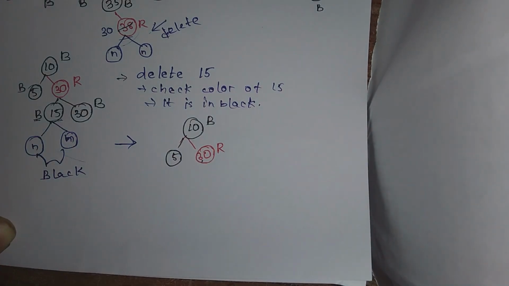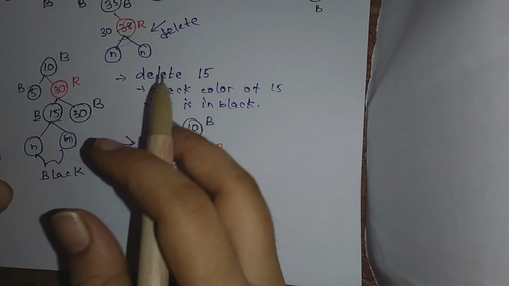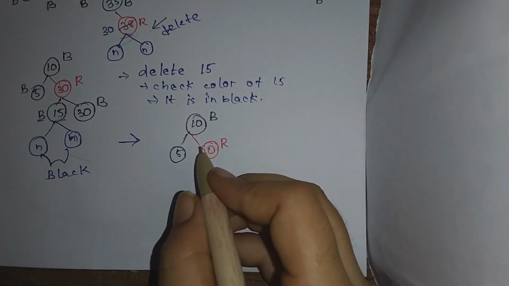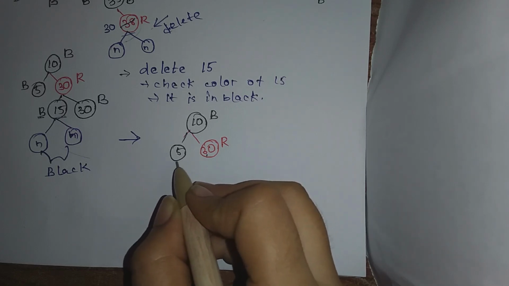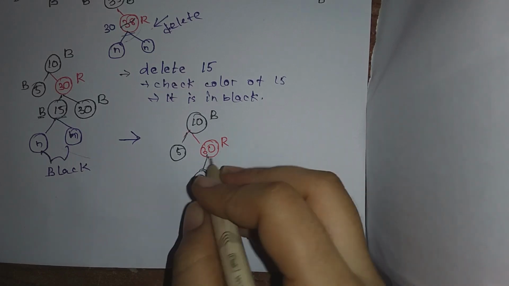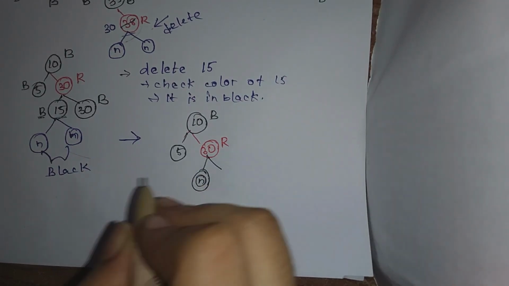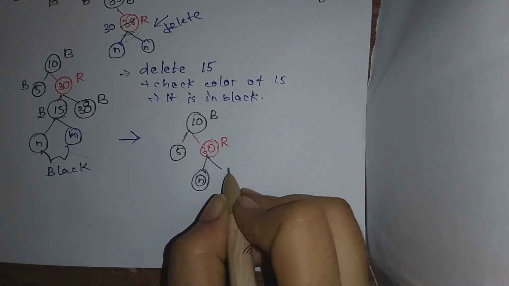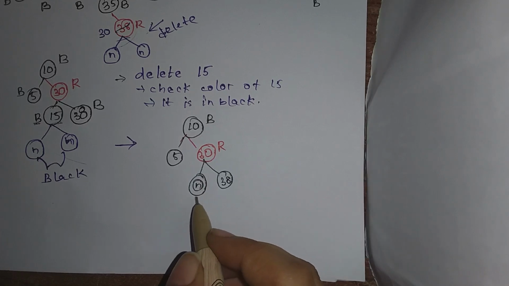These two children combine and produce a double black node, which is nil. This is called a double black.